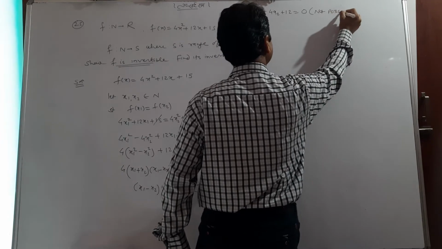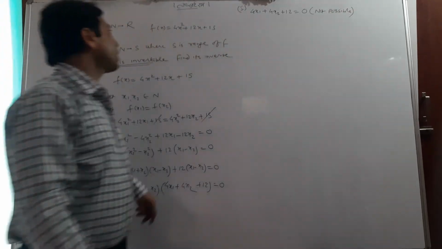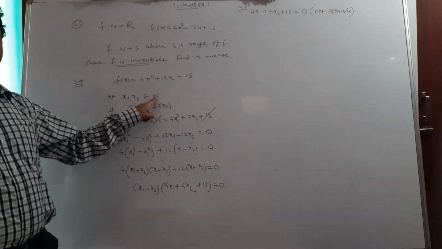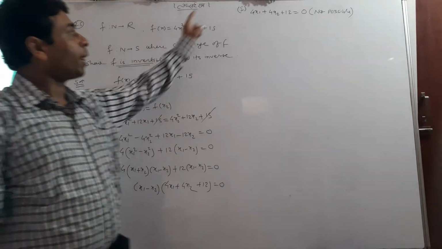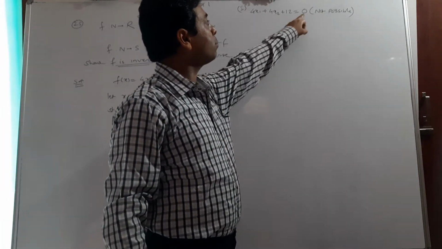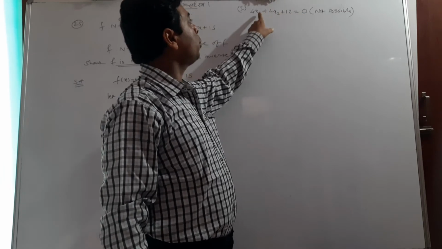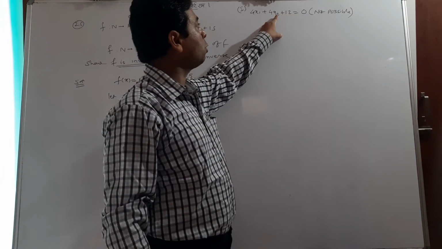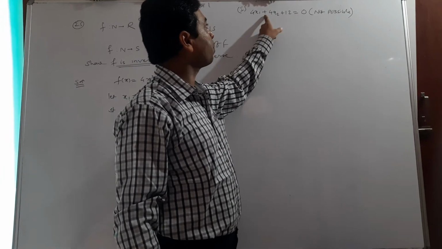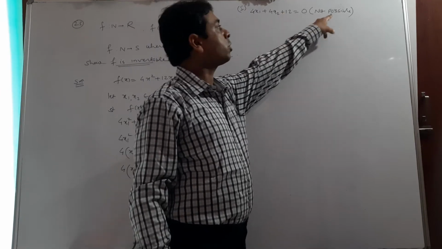Why is it not possible? It's very simple, because x1 and x2 are natural numbers, and for any natural numbers this never comes 0. Meaning if you put x1 as any natural number and x2 as any natural number, when you solve this, the sum will never be 0, so it is not possible.